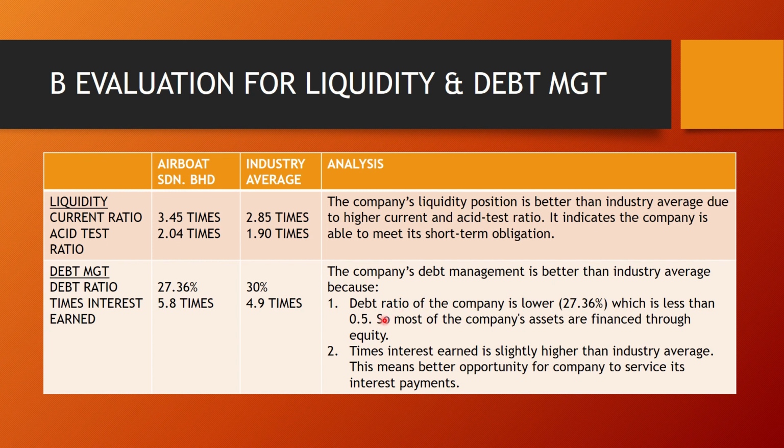The first reason is the debt ratio of the company is lower at 27.36%, and it is less than 0.5, so it means that most of the company's assets are financed through equity, not by debt. For the second reason, times interest earned is slightly higher than industry average. This means that the business has a better opportunity to service its interest payments as compared to industry average.